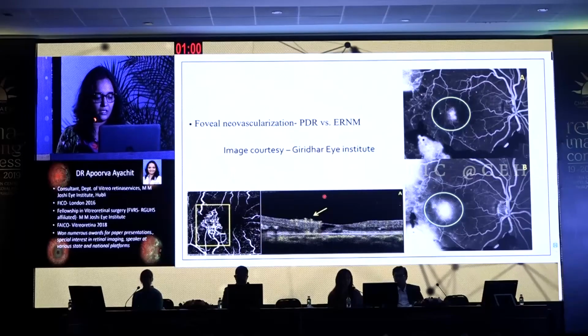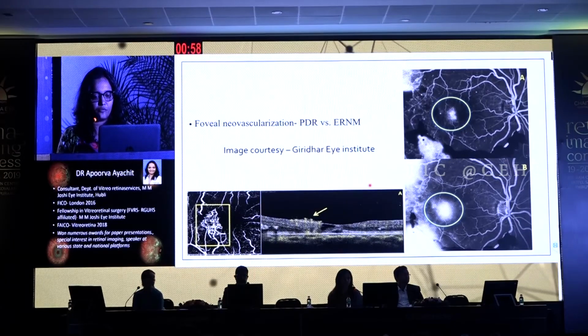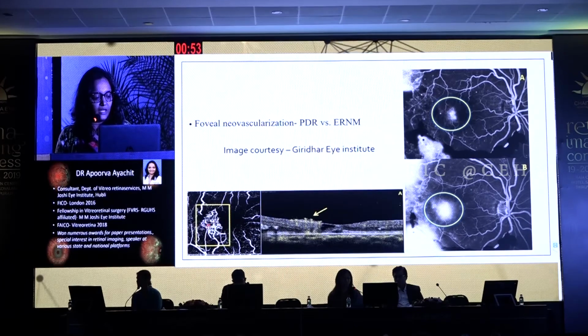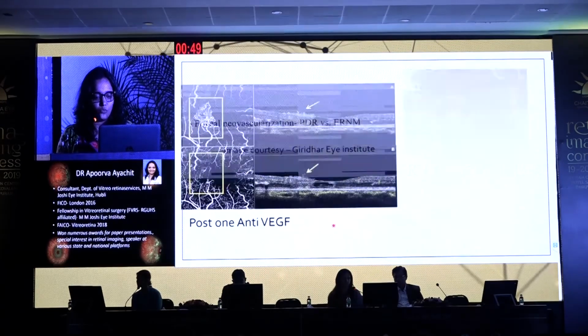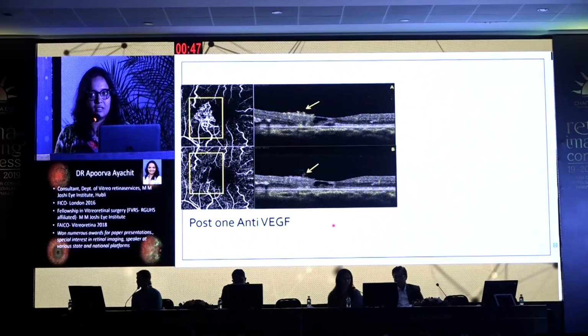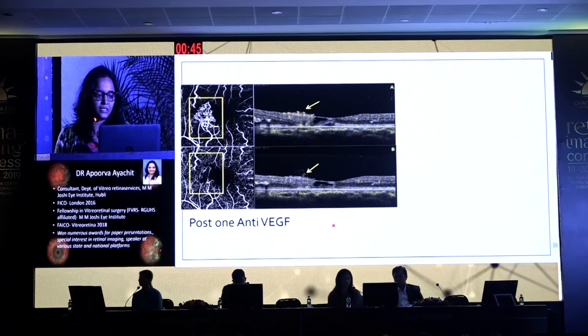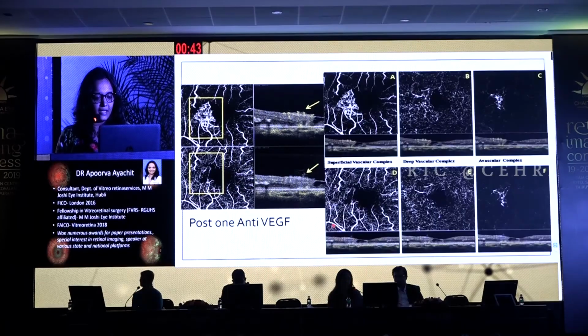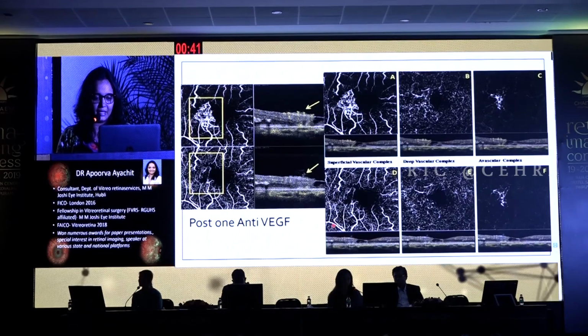So one of my friends, Dr. Jay, also is here. He sent me this very frank case of PDR with foveal neovascularization, but interestingly associated with MACTEL. So we wonder if it is an ERN or it is foveal neovascularization. Very interestingly, post one anti-VEGF, it came down in size.